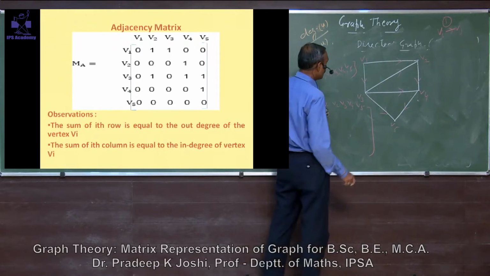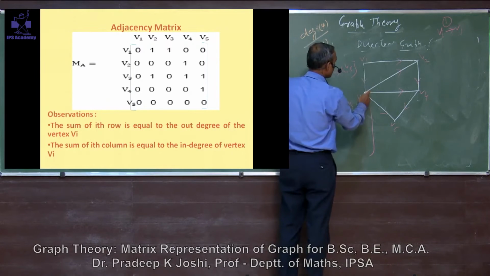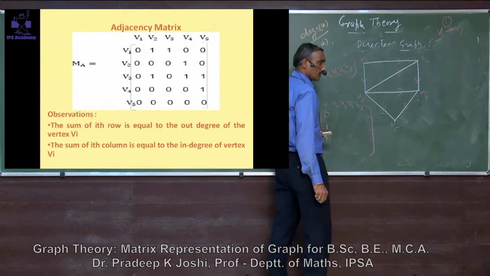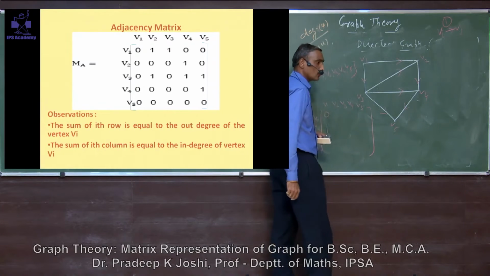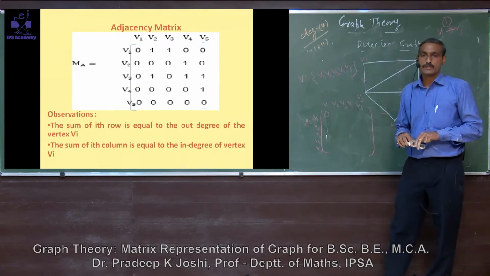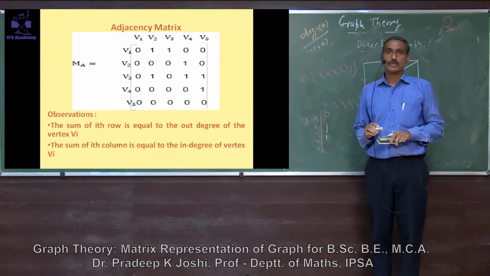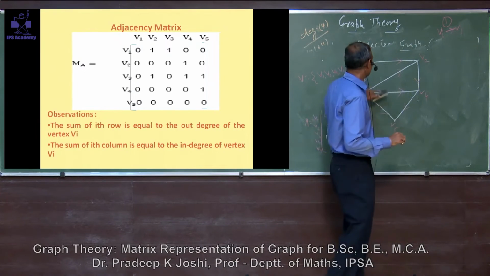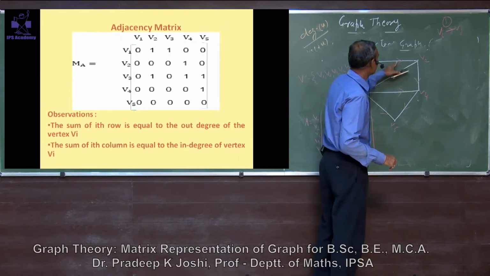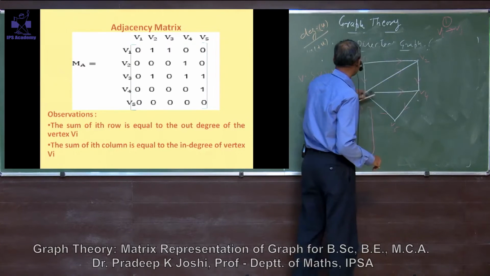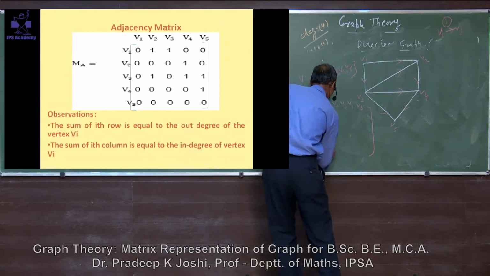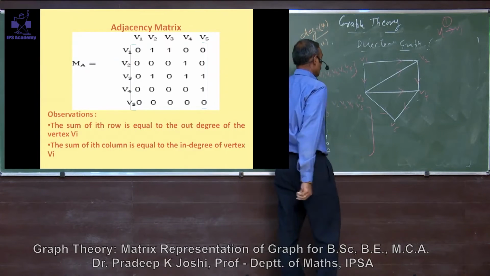From V1 to V3 there is also a direction, so we have 1. V1 to V4 there is no relationship, so put 0.